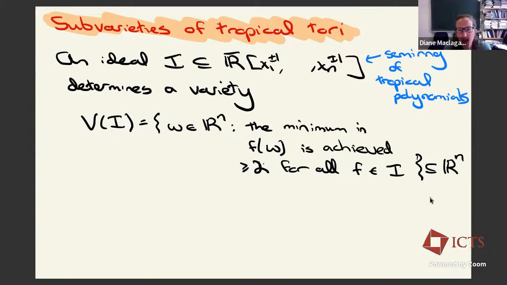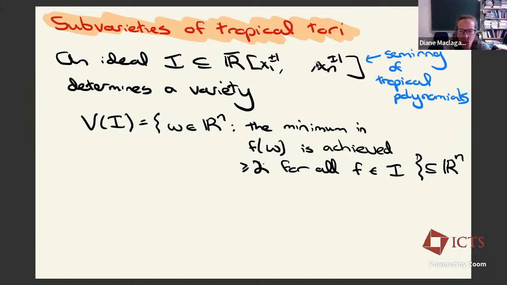If I start with an ideal in the semi-ring of tropical polynomials, I just write down polynomials with coefficients in the tropical semi-ring, and I expect every operation to be tropical. So addition should be tropical addition, multiplication should be tropical multiplication.